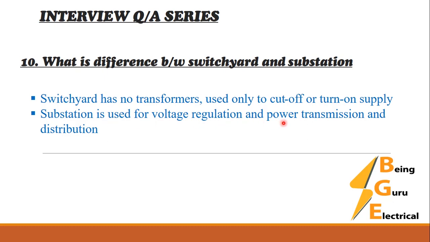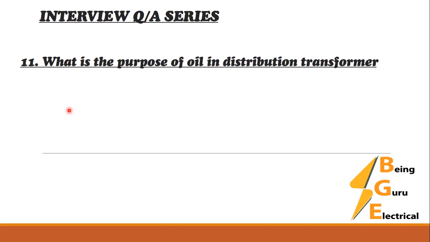Next we have: what is the purpose of oil in a distribution transformer? The first one is cooling. It ensures cooling inside the transformer winding, because it takes heat from the transformer winding and brings it up, because the hot oil goes up towards the conservator and the cool oil comes down.